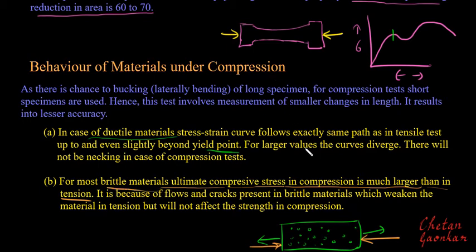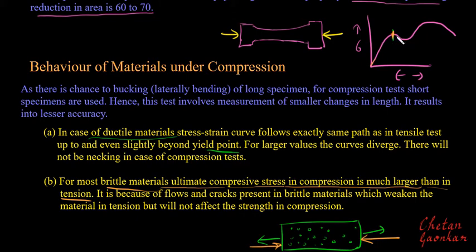So this is the difference between the specimen when it is subjected to compression and when it is subjected to tension. Basically, in this course, we will be dealing with the material when it is loaded only up to this point, right? And mostly we will be dealing with ductile material.